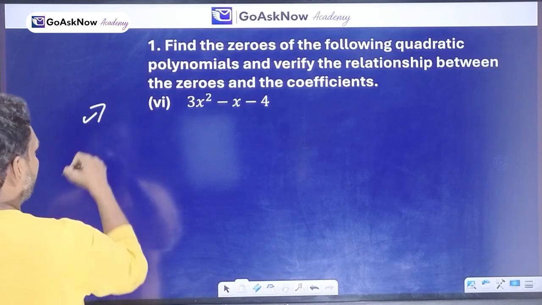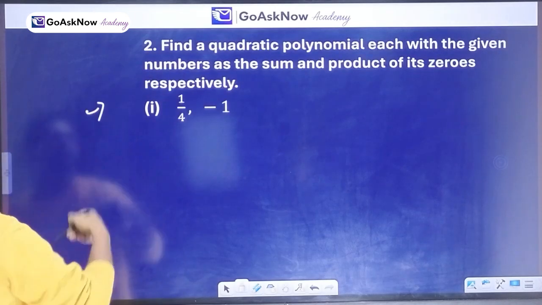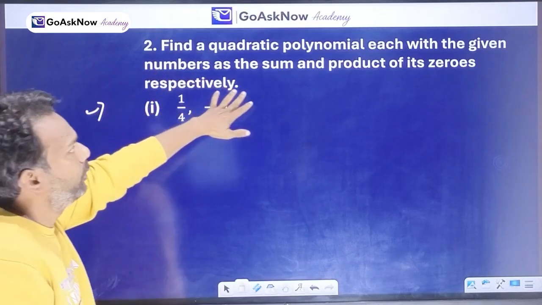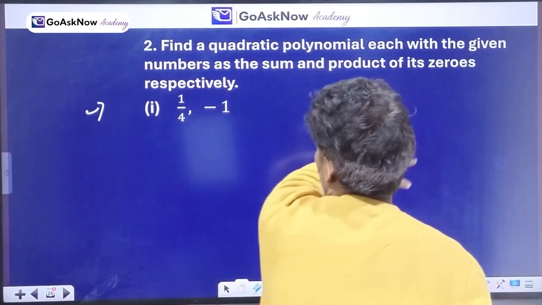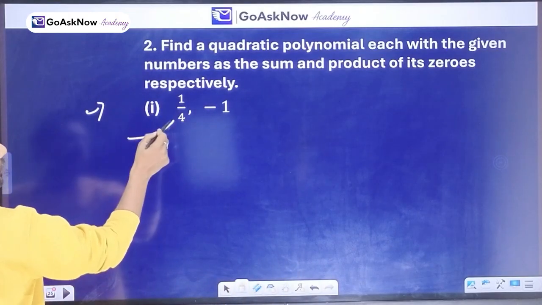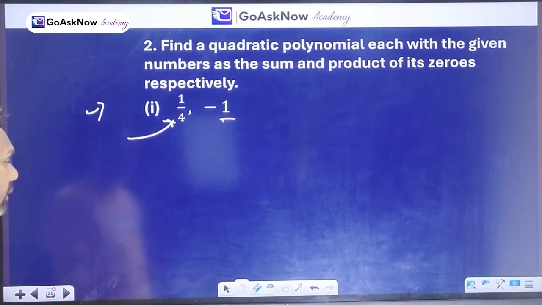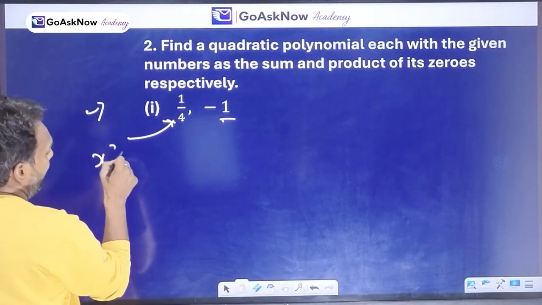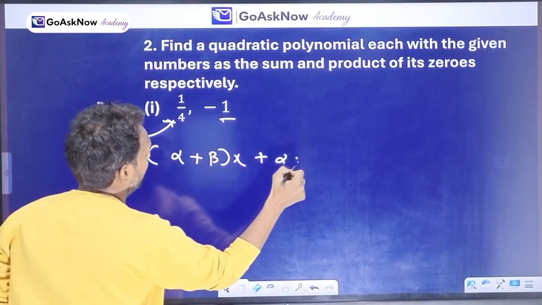Now, these questions are for your homework. Find a quadratic polynomial each with the numbers as the sum and product of its zeros respectively. This is sum of roots and this is product of roots. And now we have to write out what? A quadratic equation. Okay. X square minus alpha plus beta x plus alpha beta.